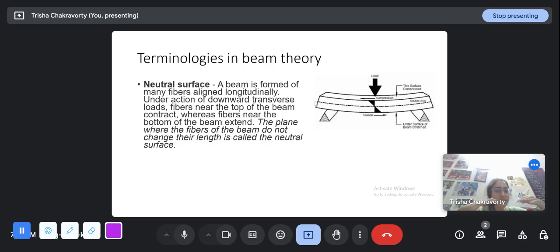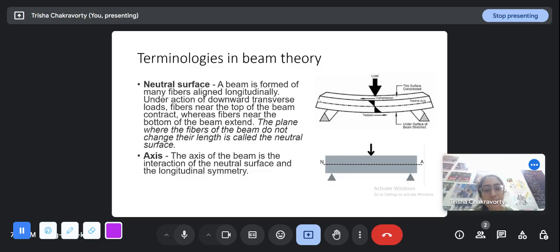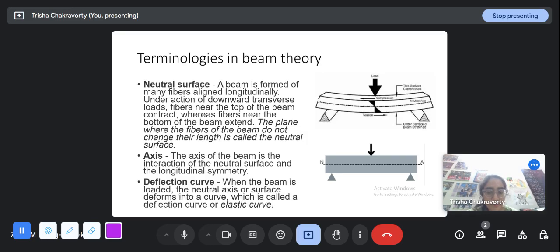The plane that goes into the beam is the neutral plane, or neutral surface, where the fibers do not change their length. Where it intersects the surface of the beam is the neutral axis. The axis of the beam is the intersection of the neutral surface and the longitudinal plane of symmetry. So this is the neutral axis when drawn as a 2D body.